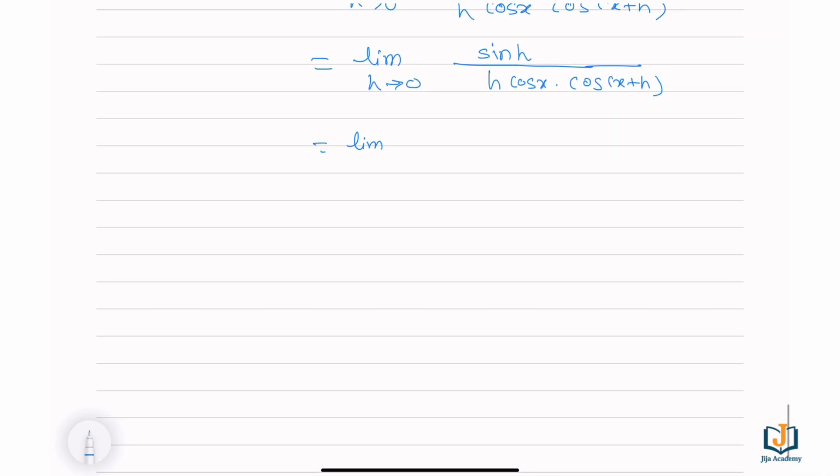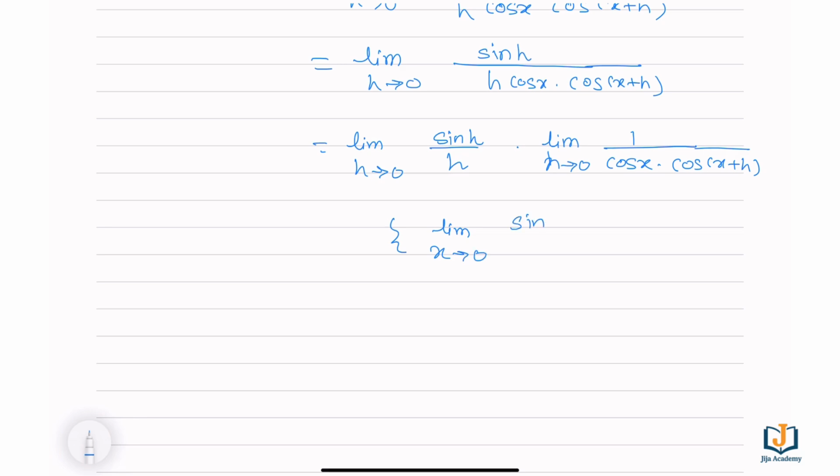So limit h tends to 0 sin h upon h into limit h tends to 0 1 upon cos x into cos (x plus h). And we know that limit h tends to 0 sin h upon h is equal to 1.